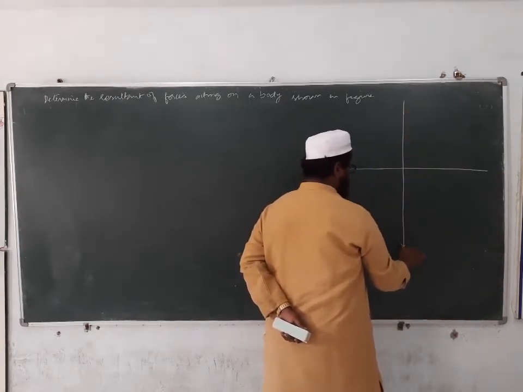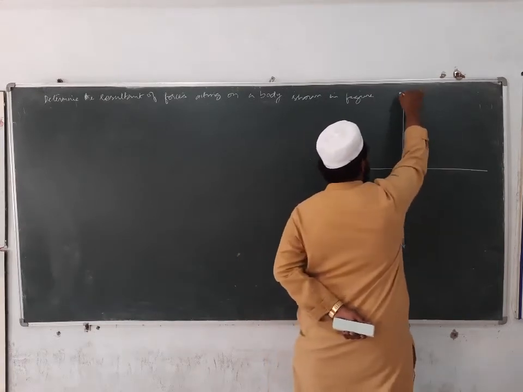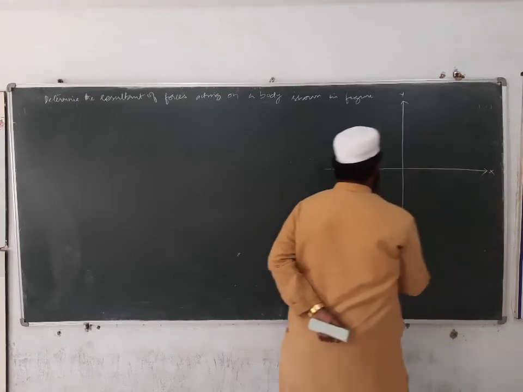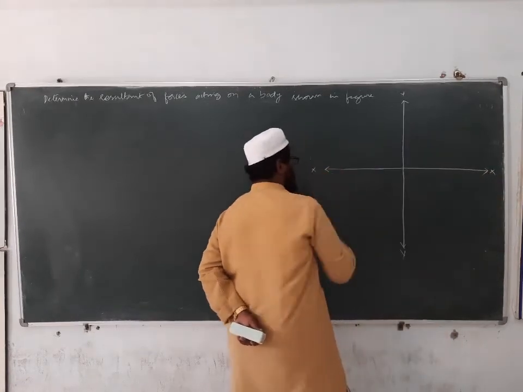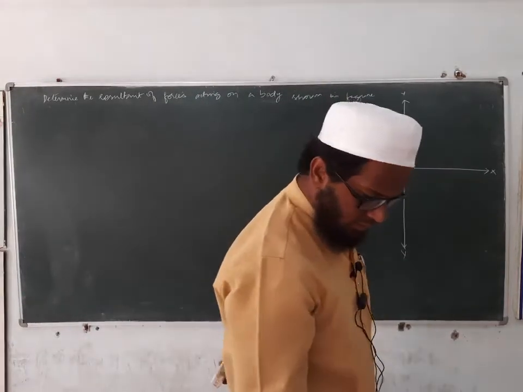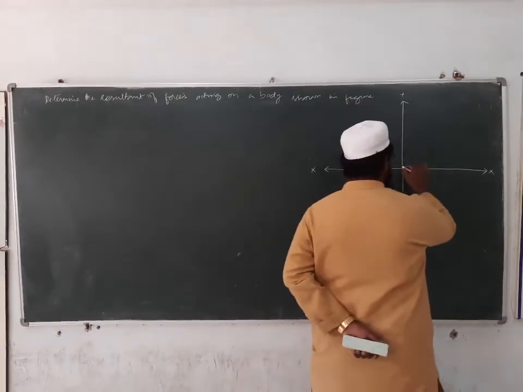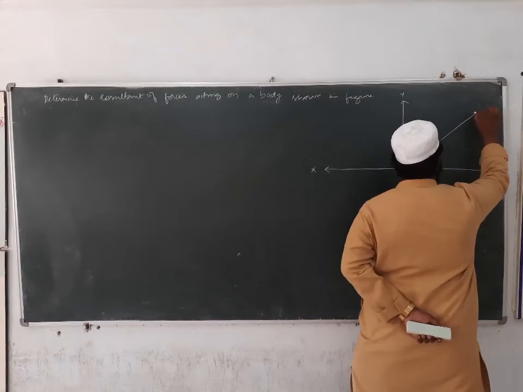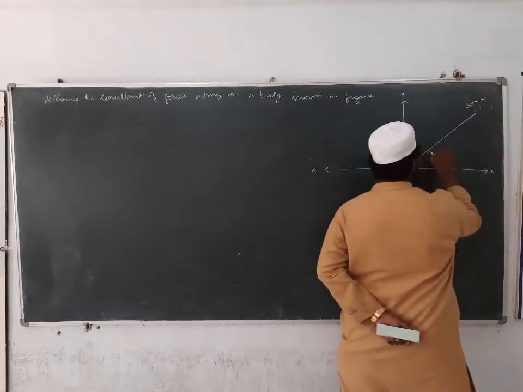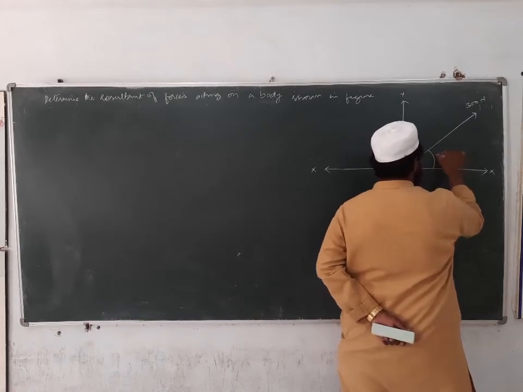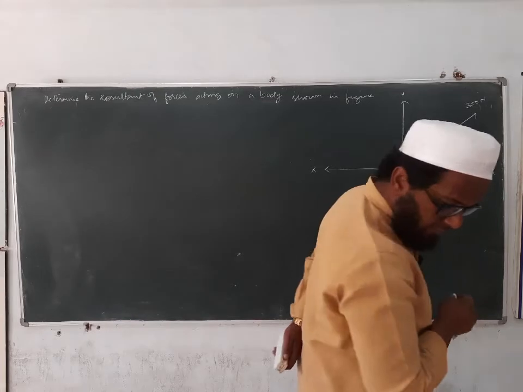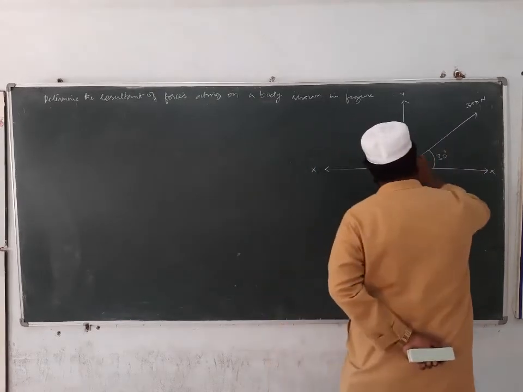Okay, this is our y, x axis, and totally we have four forces. One is 300 newtons, acting at an angle of 30 degrees with x axis, and another force is 224 newtons, which is acting in second quadrant.